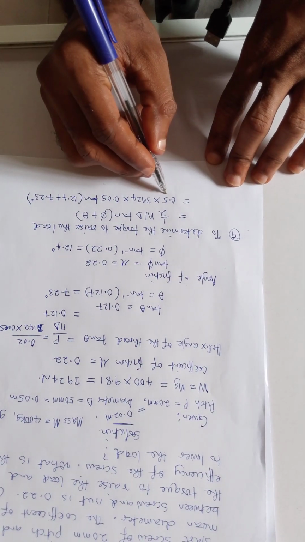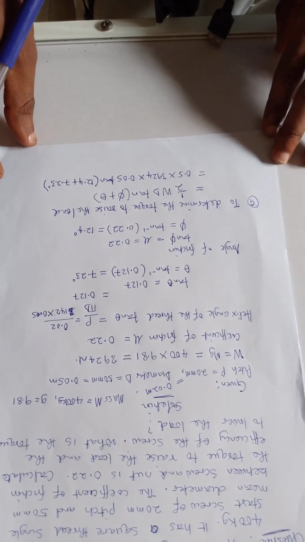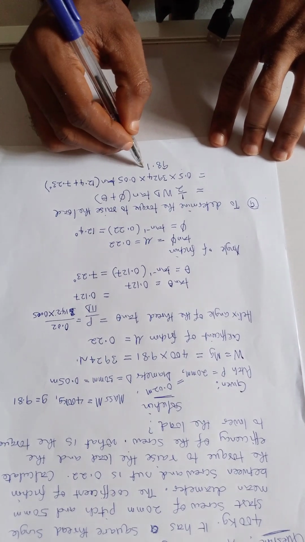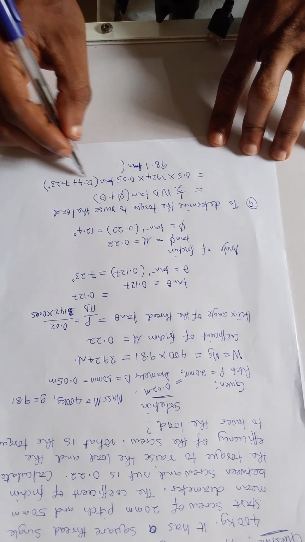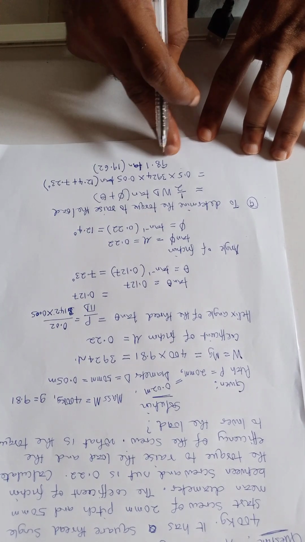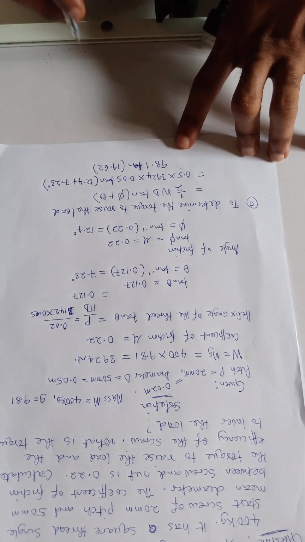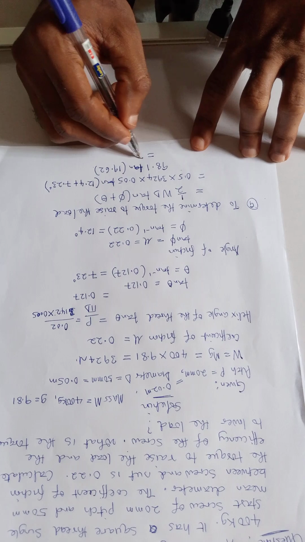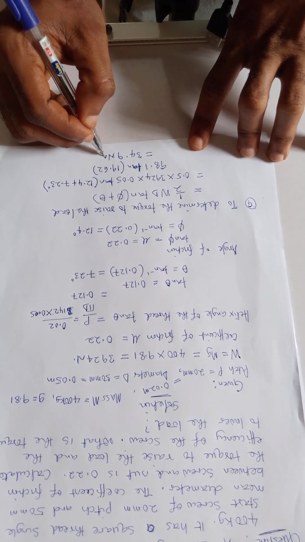When we multiply this using our calculator, we have 98.1 tan of this plus this, which gives us tan 19.62. Multiplying 98.1 by tan 19.62, our answer becomes 34.9 Newton meter.